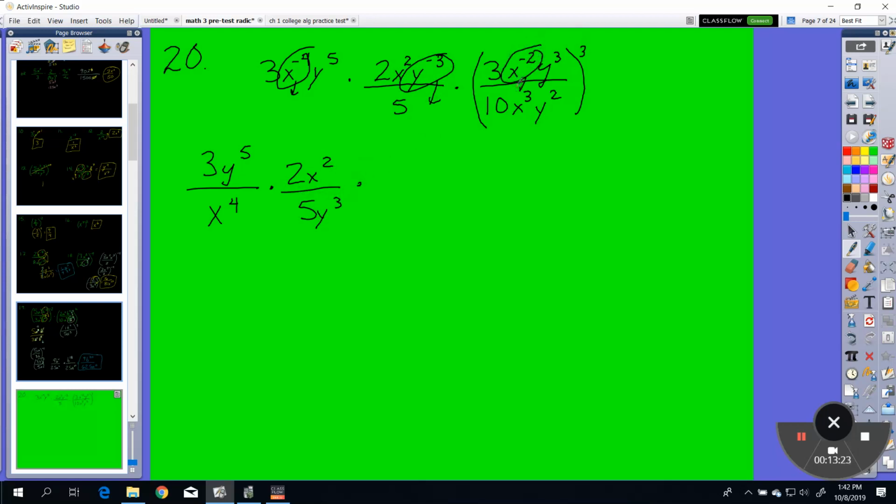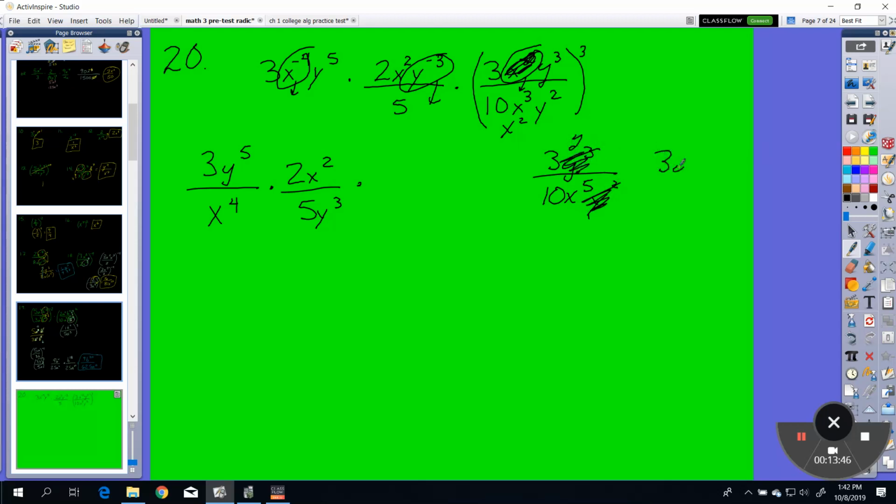X to the negative 2 comes down, so that's x squared, and it's no longer up here. So I have 3y cubed over 10, there's x squared, and x cubed makes x to the 5th, and then y squared. So this y squared and y cubed, these two will take away 2 of those and leave me with y.